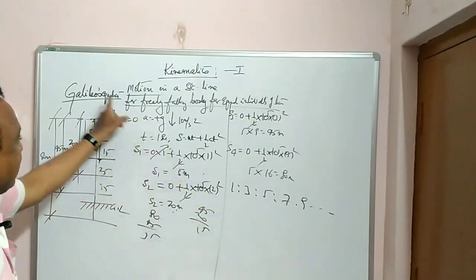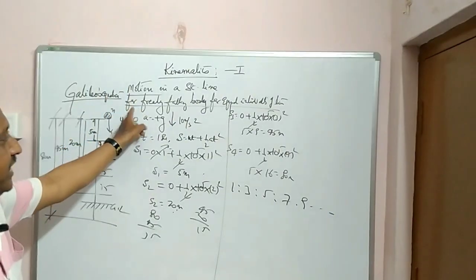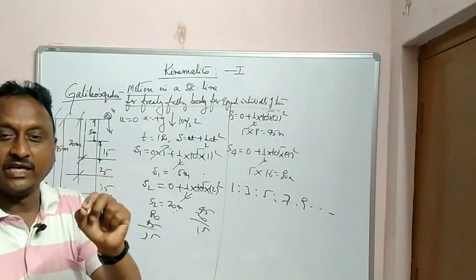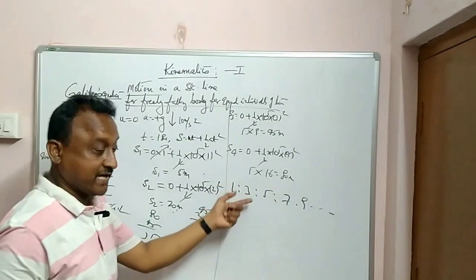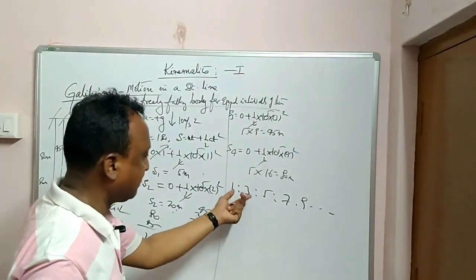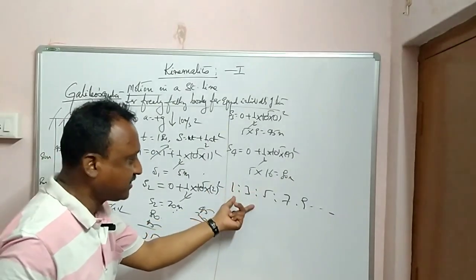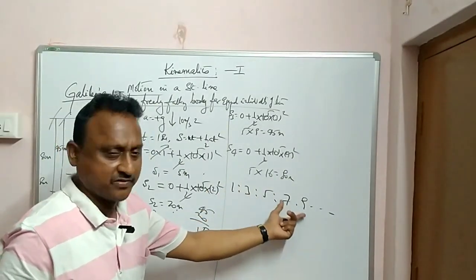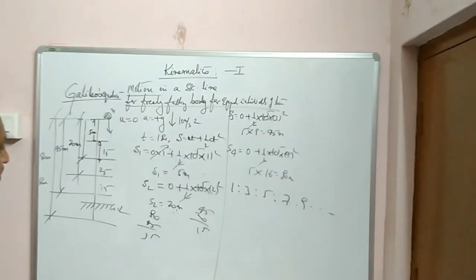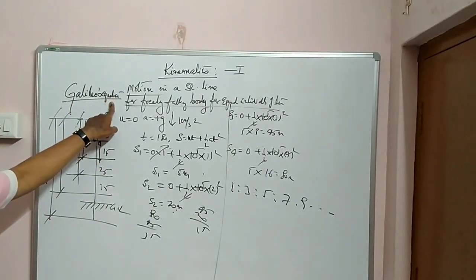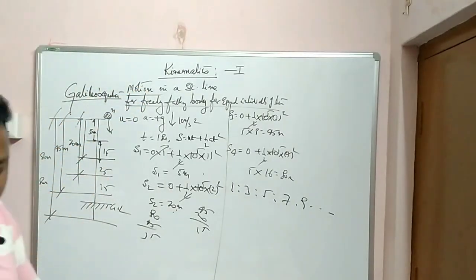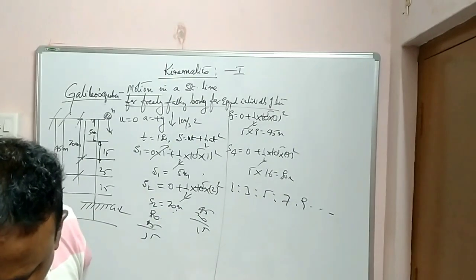So this is Galileo's equation for a freely falling body for equal intervals of time. Guaranteed question in MHT-CET also, in JEE also. Regarding this, a numerical is coming. This odd number ratio belongs to Galileo's equation for freely falling bodies. Please note it down.